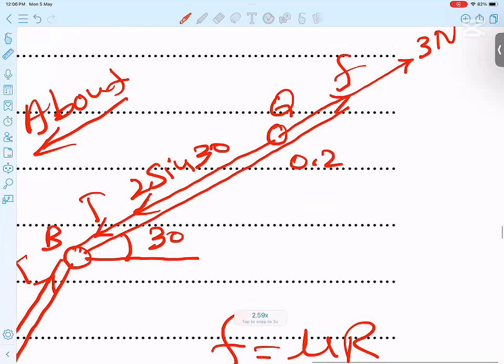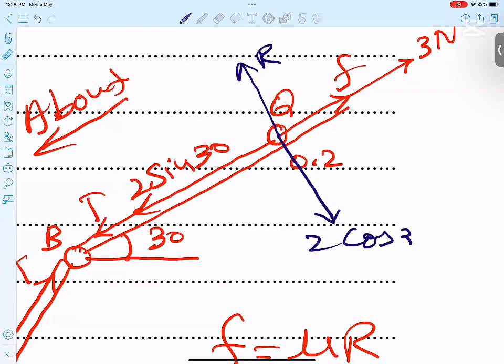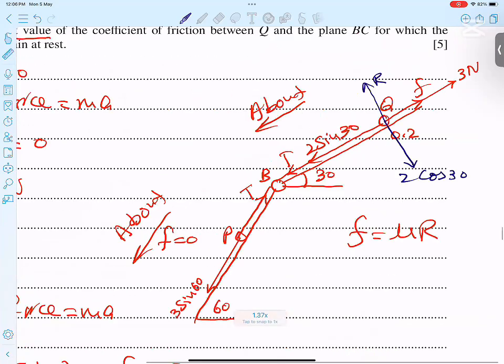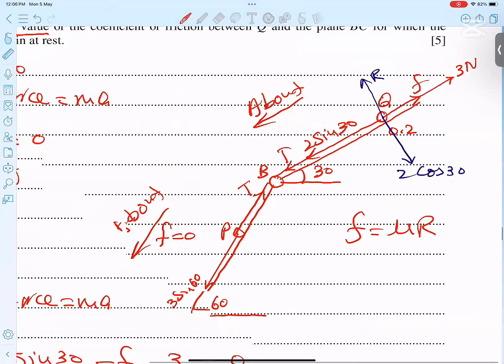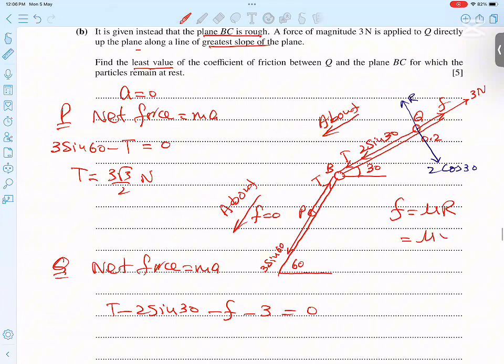That's the interesting part. I'm going to show you in a different color. This is R, the normal reaction acting upwards, and this is downwards. And what is this one? It is not 2 sine 30, it is 2 cos 30. That's it. So I hope the concept is very clear. And I'm putting here now mu times 2 cos 30.